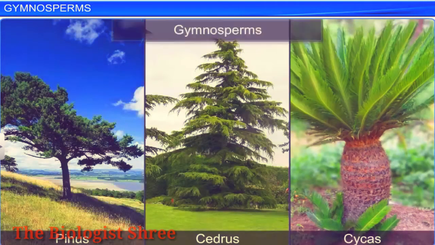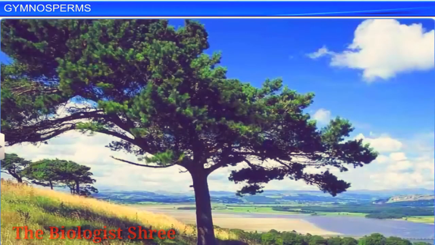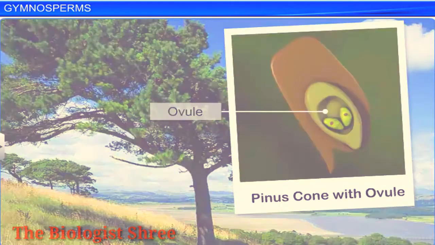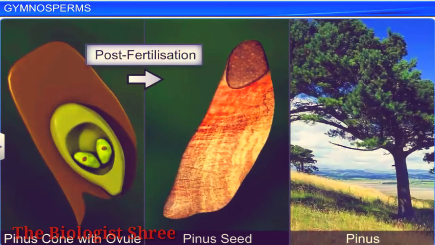All of them are gymnosperms, a group of plants in which the ovules are not enclosed by an ovary wall and remain exposed or naked before fertilization, as well as post-fertilization, when they develop into seeds. These seeds germinate to give rise to new plants.